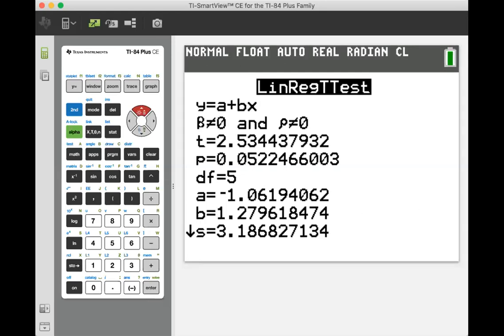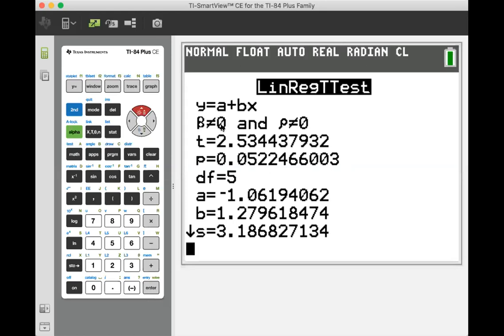So to 3 decimal places, A is negative 1.062 and B is 1.280 times X. I'm sorry, I looked at the wrong one at first. A plus BX.